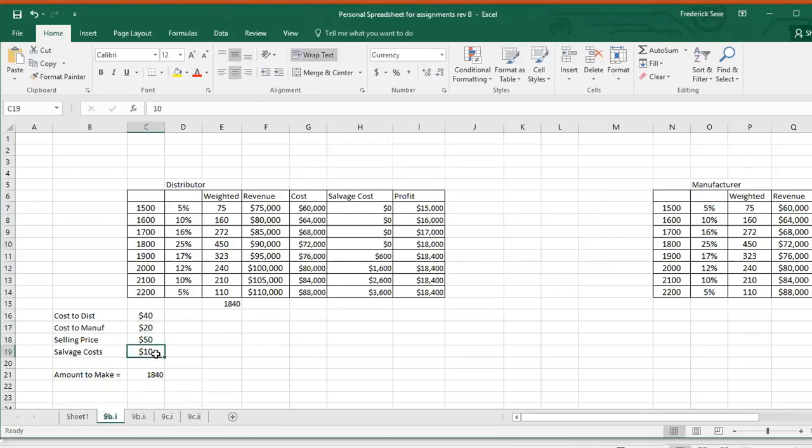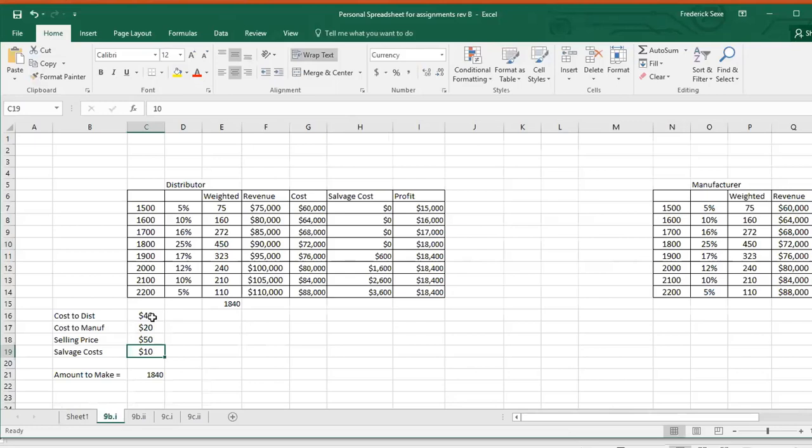Okay, fine. And we also have the manufacturer, where does it say that? Oh, here you go. It says, suppose the manufacturer sells to the distributor at $40 a unit.